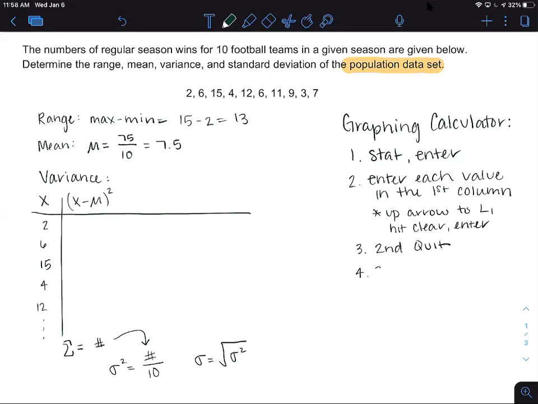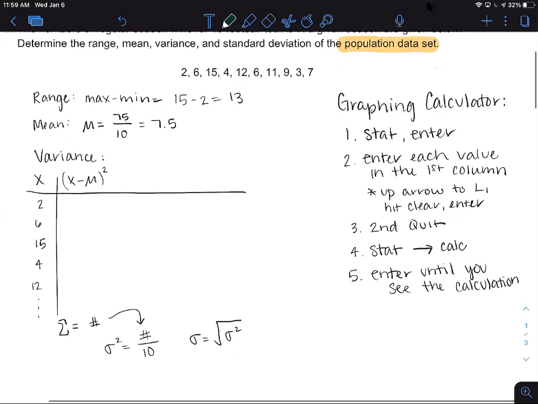Then we're going to go back to Stat, and then right arrow over to Calc. And then the easiest way is just to keep hitting enter until you see the calculations. I don't know if you can see my screen at all, but remember this shows you your list of everything.